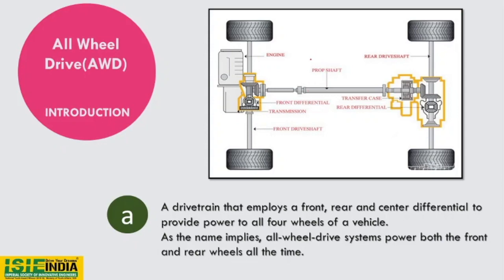Then it is connected to the propeller shaft, which is generally connected by double U joints, and then by a clutch or generally a torque converter for multiplying the torque. Then when we come to the rear, we can see the transfer case employed with a rear differential, which is responsible for transferring the power to front and rear, and the differential to the left side and the right side.